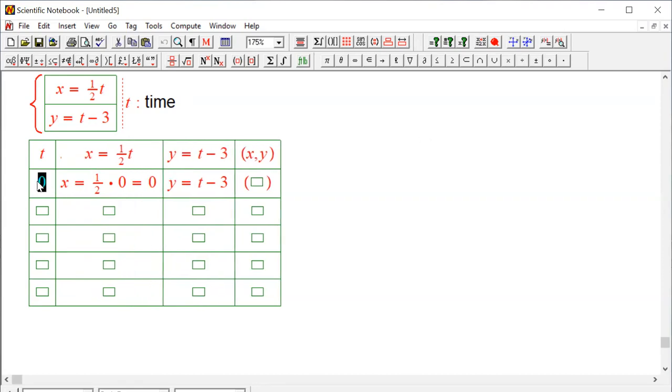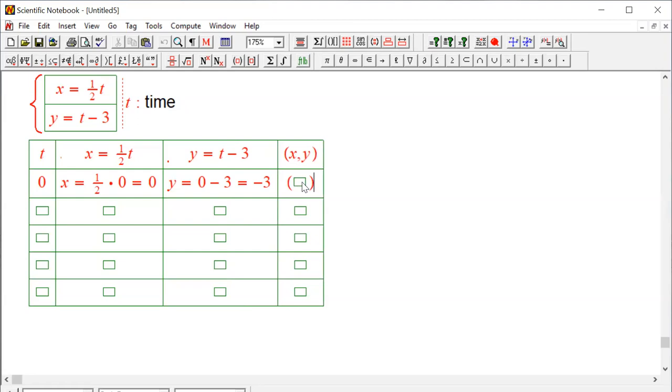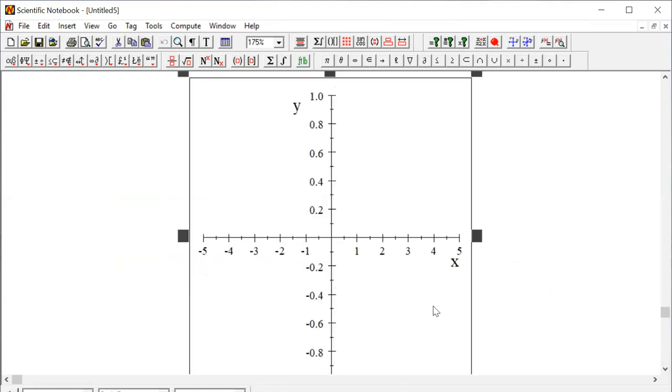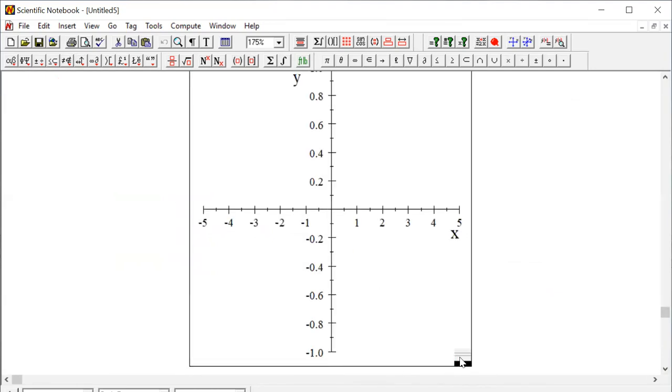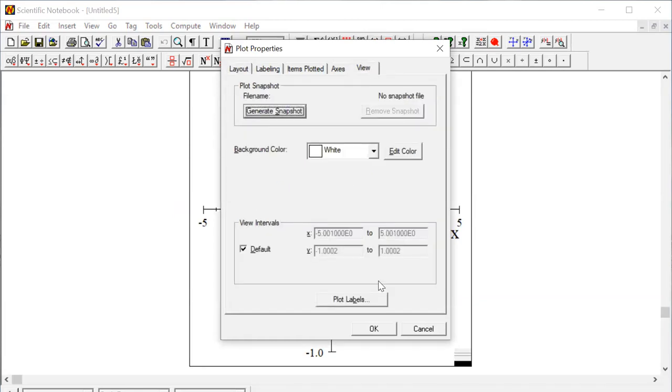So at time 0, x is 0, y is -3. So the point at time 0 is going to be 0, -3. And so on the other side, we're going to make a graph. The graph is going to be made of points, one by one, just like what we did before, but with an extra layer of calculation.